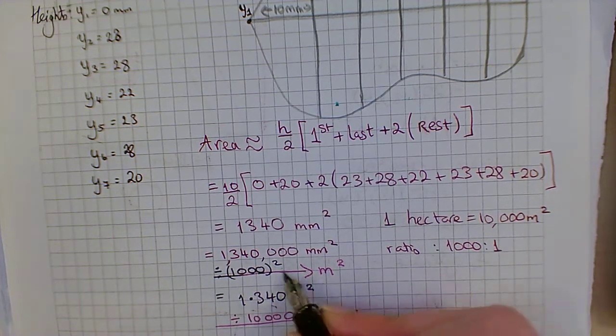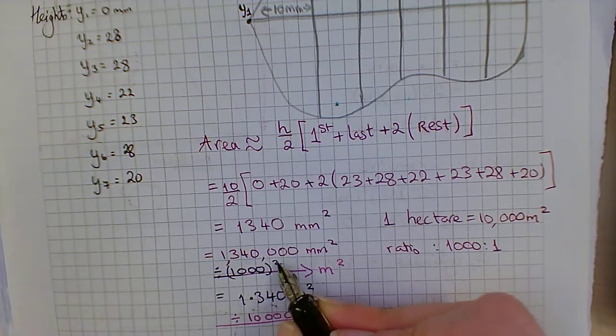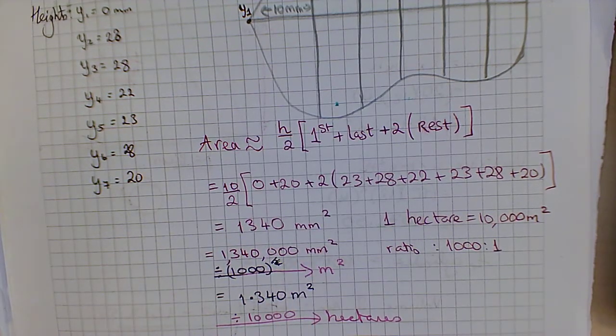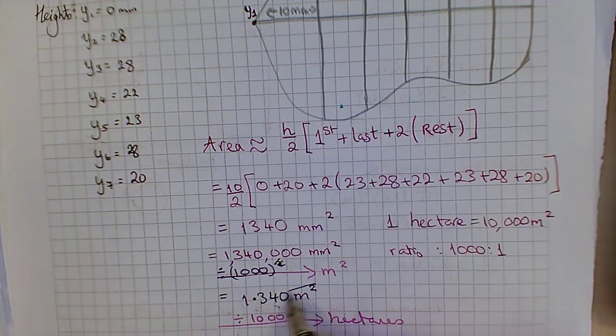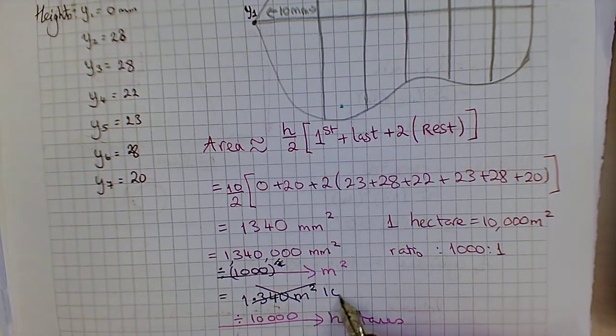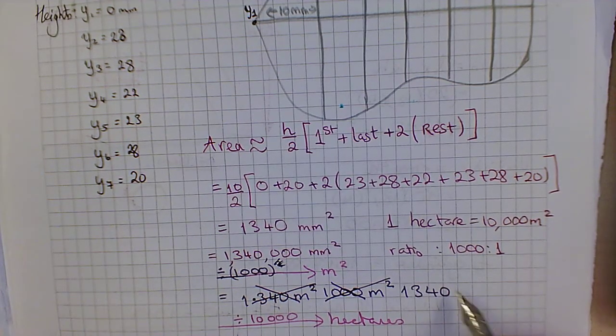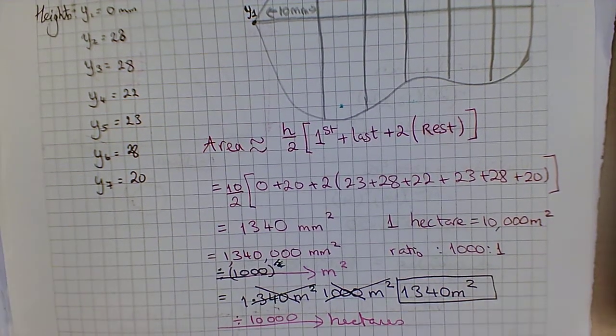So actually, I should have just divided by 1,000 here. My apologies. I should have just divided by 1,000 here, which would have given me 1,000 meters squared. I've written it down wrong, sorry. This should have been 1,340 meters squared. I'll go over this again now in a second.